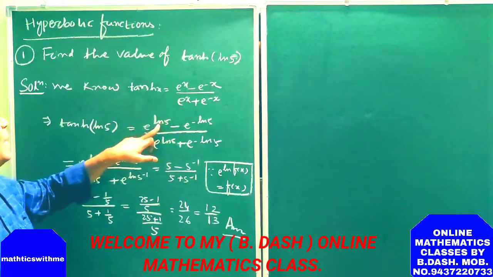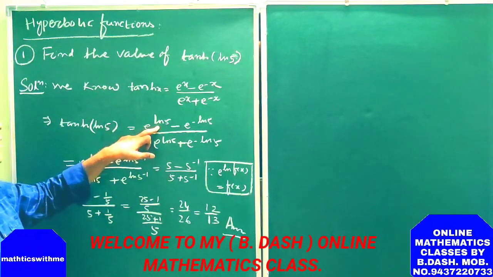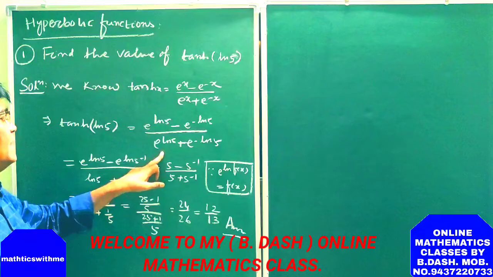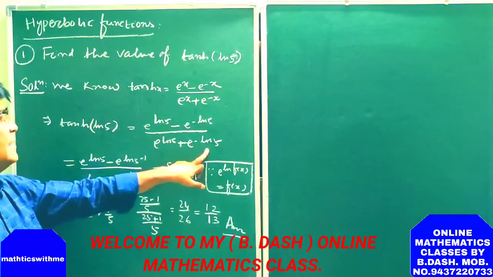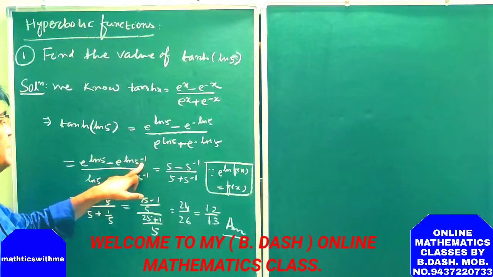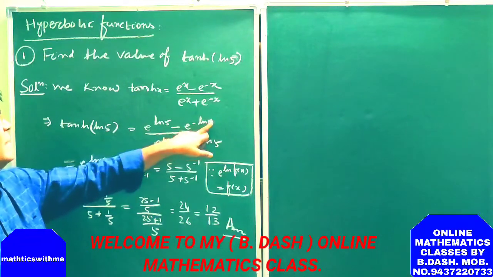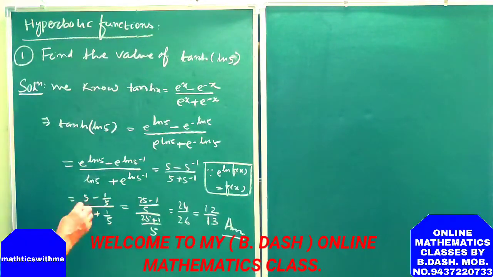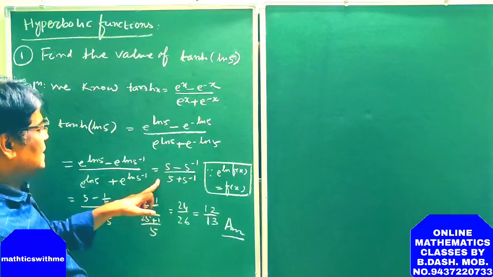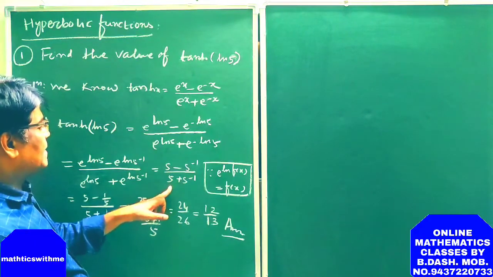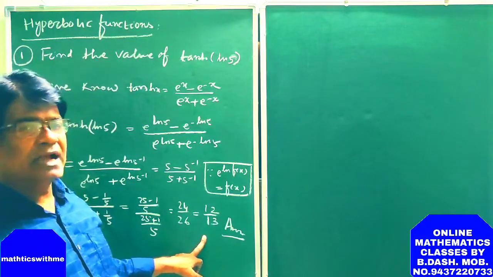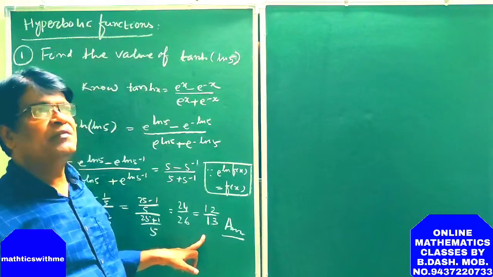So it is (e to the power ln 5 minus e to the power minus ln 5) by (e to the power ln 5 plus e to the power minus ln 5), which is equal to (e to the power ln 5 minus (e to the power ln 5) to the power minus 1) by (e to the power ln 5 plus (e to the power ln 5) to the power minus 1). This is (5 minus 5 to the power minus 1) by (5 plus 5 to the power minus 1). After solving, we get the answer 12 by 13. Our first problem is solved.